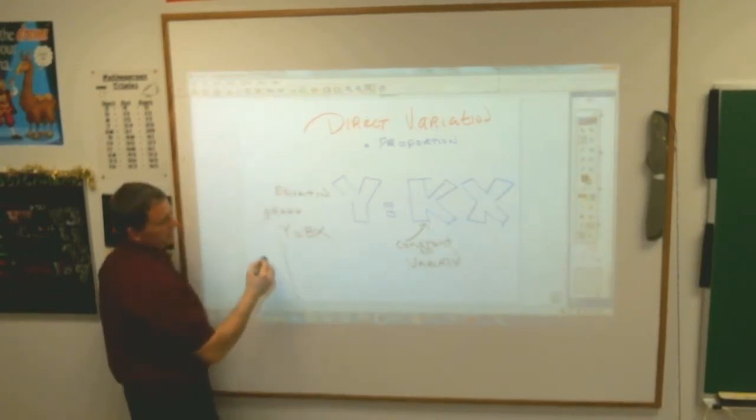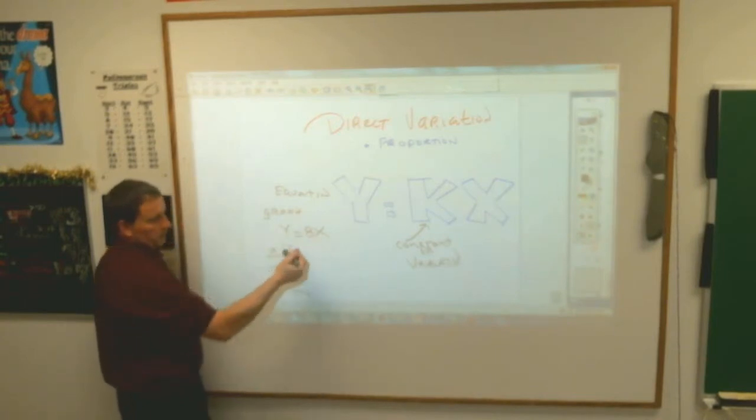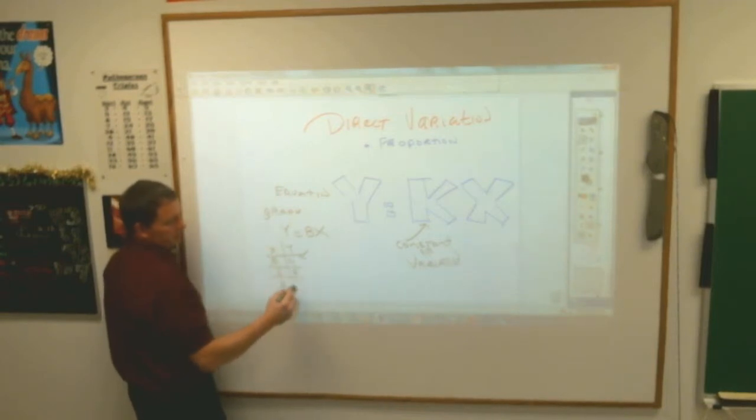That is direct variation because when you put numbers in for X, if you work 0 hours, you get paid 0. That's a big one because that means it goes through the origin when you graph it. If you work 1 hour, you get $8. If you work 6 hours, you get $48.